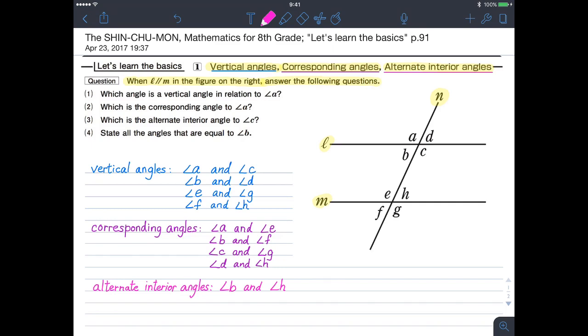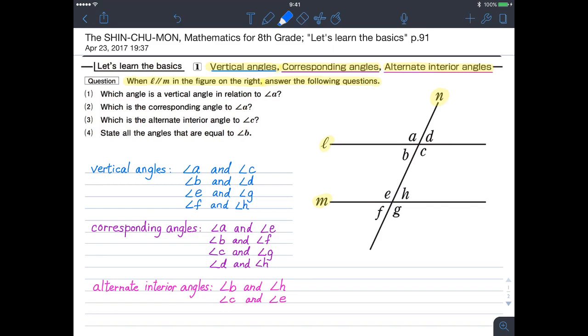Alternate interior angles are also equal. Therefore, B and H are equal. And finally, we notice that angle C and angle E are also alternate interior angles. And since alternate interior angles are equal, angle C and angle E are also equal.